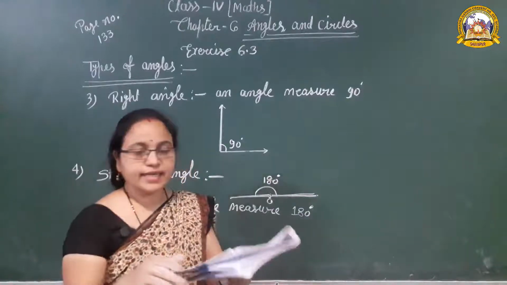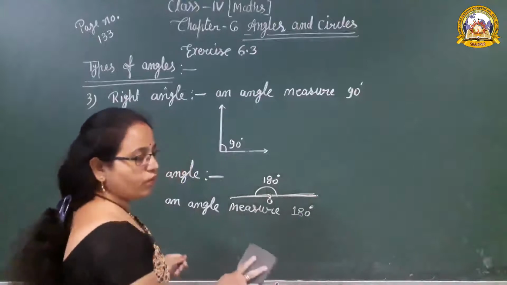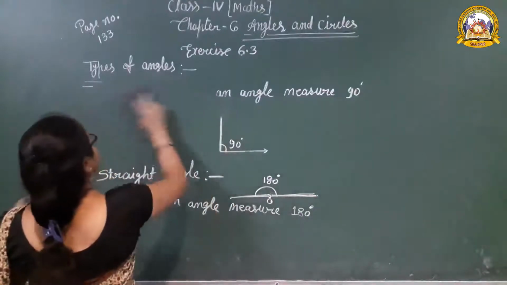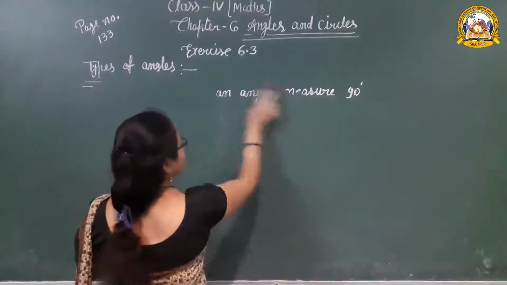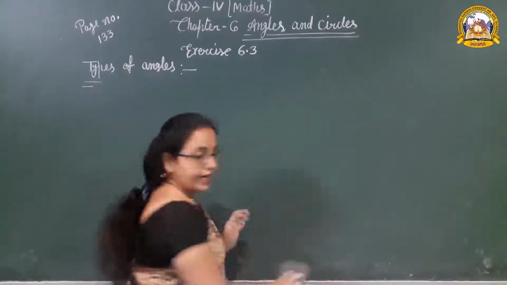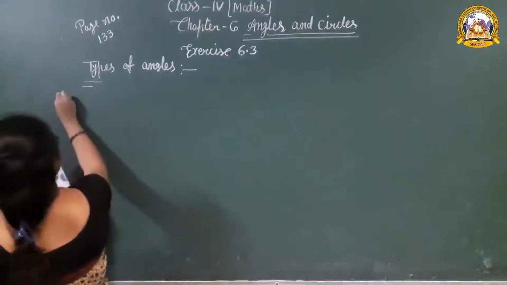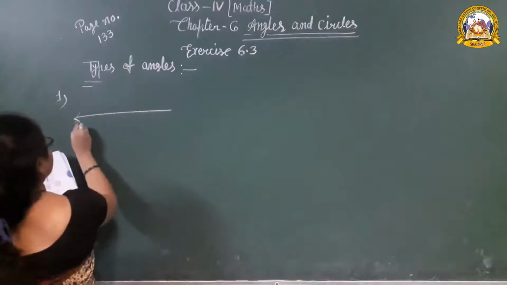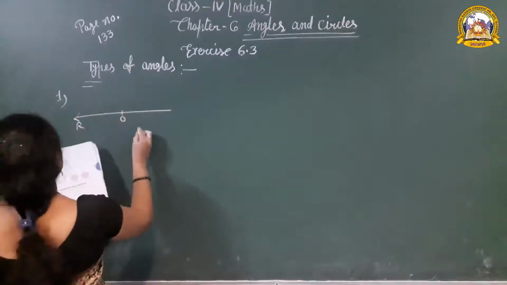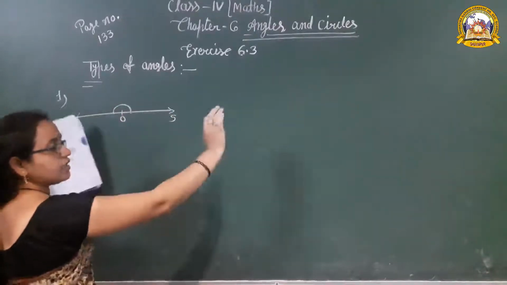Okay, so now start exercise 6.3. Identify the types of angles. In the exercise, different angles are given and we have to identify which type of angle each is. The first is only just a straight line.